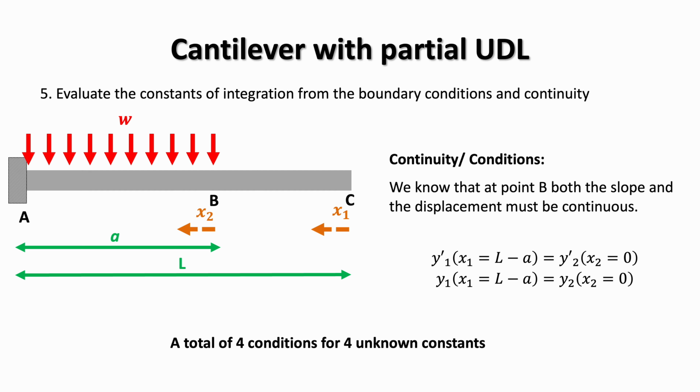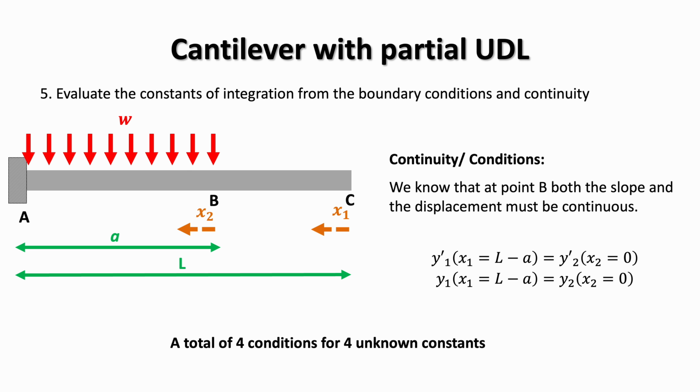Because we use two coordinate systems, we express point B in each one. In region 1, x1 is measured from C towards B, so at point B, x1 equals L minus A. In region 2, x2 is measured from B towards A, so at B, x2 equals 0.